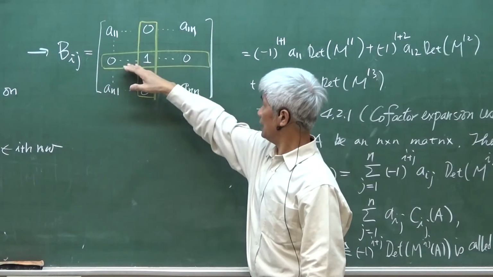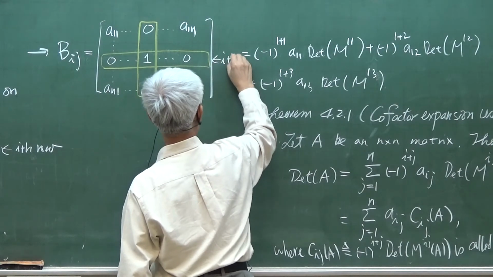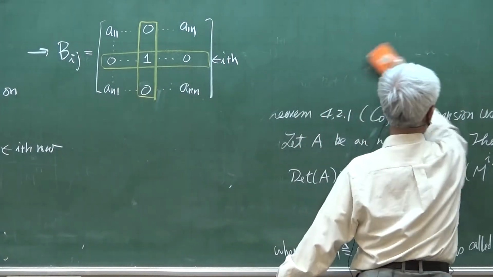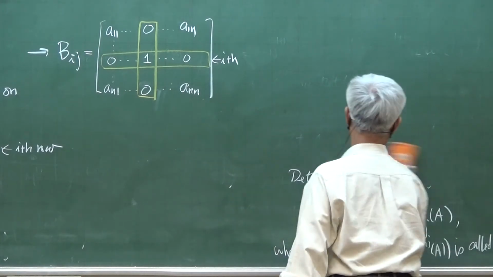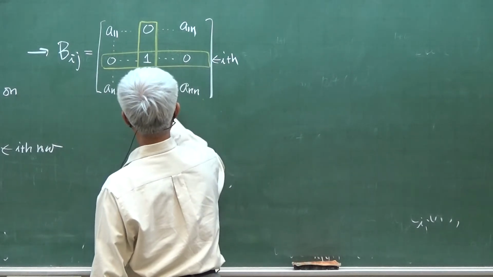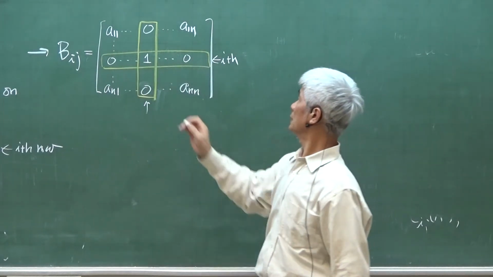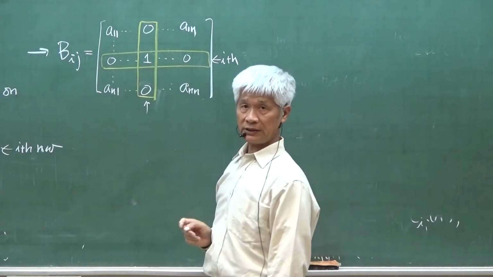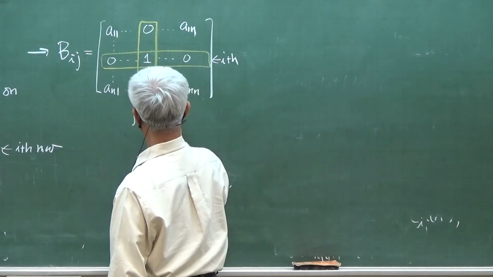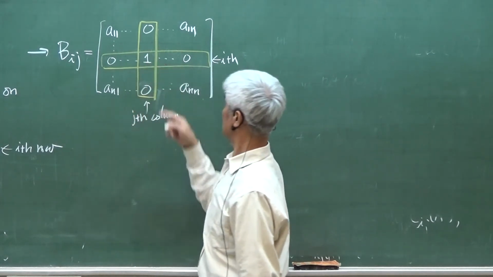So the ith row has 0 entries except at the jth position, and the jth column has 0 entries except at the ith row.